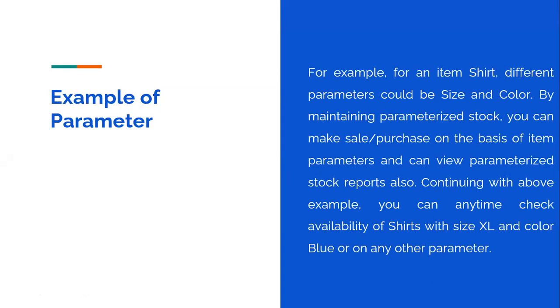After that, you can view your report according to that parameter in your stock report or parameterized stock report. Apart from this, you can also check the availability of a shirt of a particular parameter, like size XL, medium or small, and a color like blue or black, on the parameterized stock report.